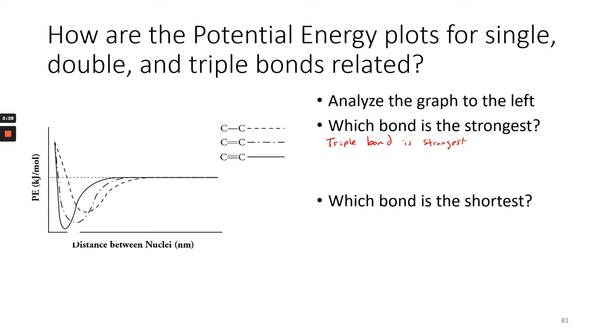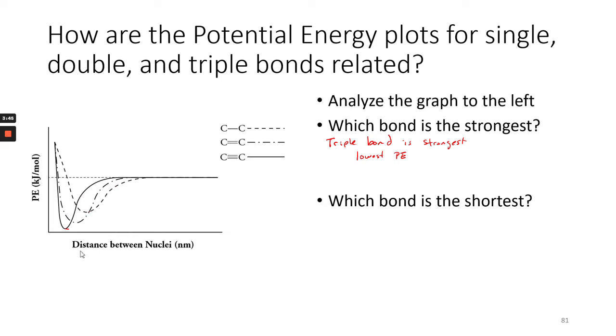And if you look here, it has the lowest potential energy. So the straight line is the triple bond, then comes the double bond, then comes the single bond.